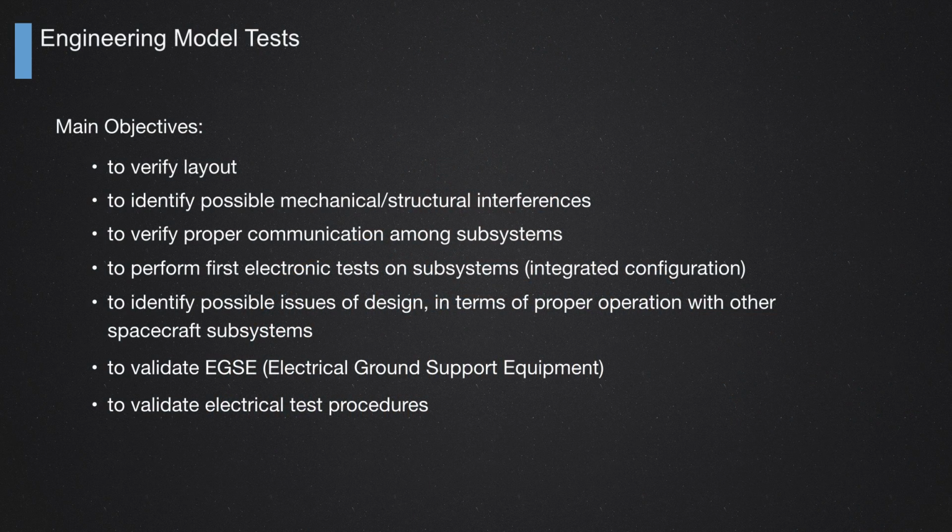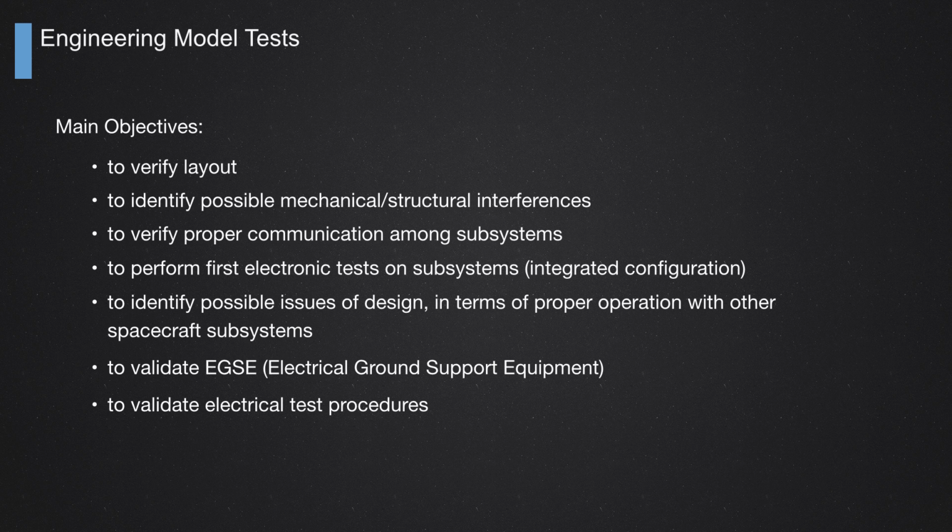We can also identify in these tests any possible mechanical and structural interference. We can also verify the communication among the subsystems, which must be correct because we are going to have electronics in this model. So we can perform the first electronic test of the subsystems in an integrated configuration.